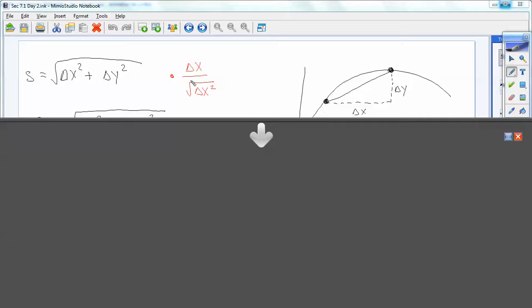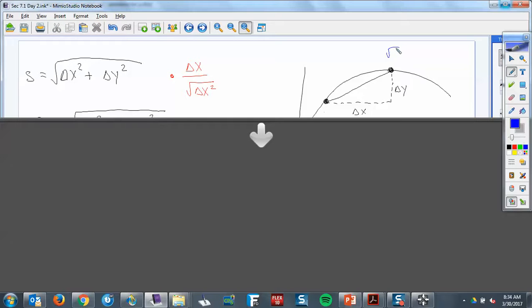So how could I do this? Well, we're going to multiply by a fancy 1, right? Everybody see how that's just a 1? Now, remember, whenever you multiply a square root times a square root, you can put them together. If you have square root 4 times square root 2, that's square root 8. If you have square root 4 over square root 2, you can do it as a single square root like that. So what I'm going to do is leave this delta x out here.